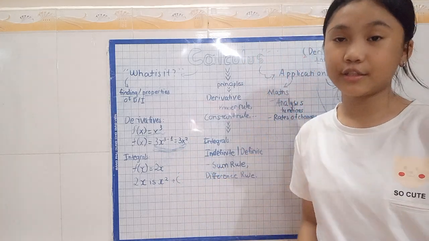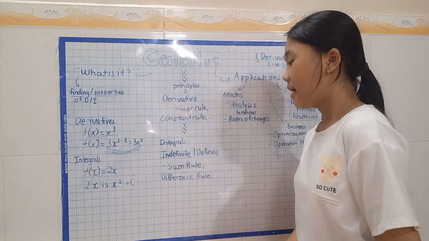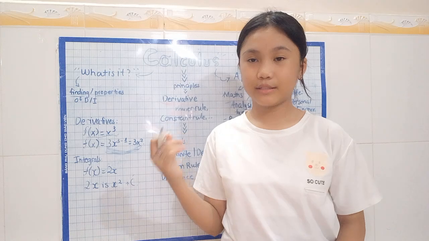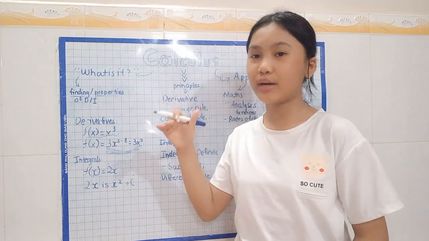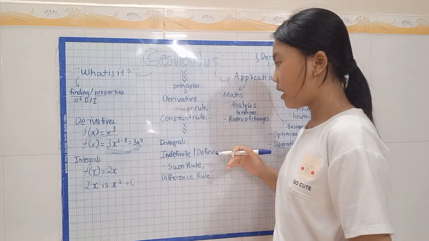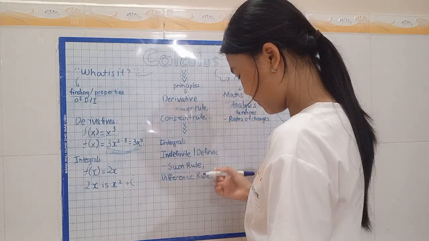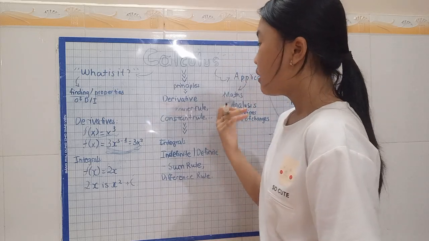Alright, next we have integrals. Integral is actually something really cool. What is it? An integral is basically used to calculate the area or the amount of something from these operations, of these derivatives.